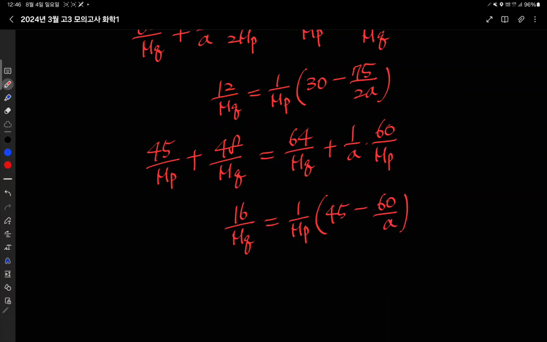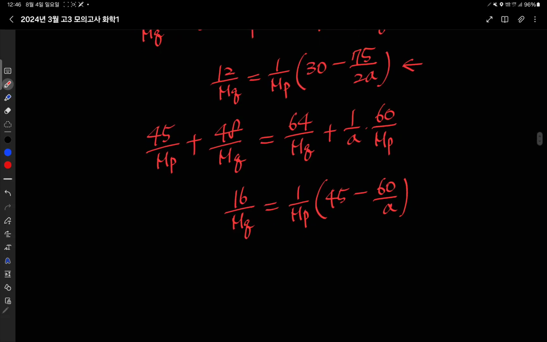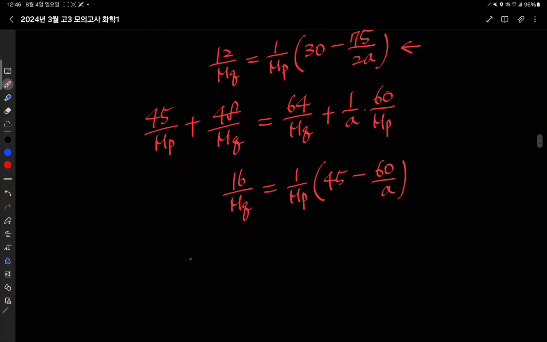So let's make a cross product from this with this equation. So in both the equations, we can find the ratio of NP and NQ.